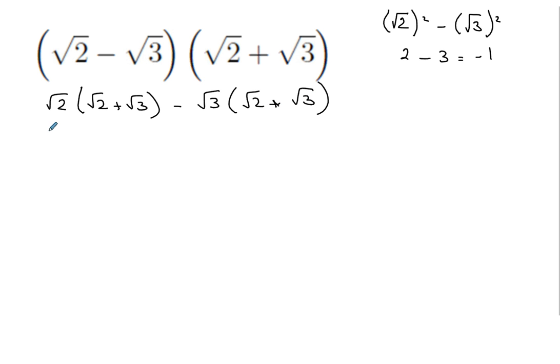Expand away, so we've got 2 there, and then surd 2 times surd 3 is surd 6, minus surd 3 times surd 2 is surd 6, and then minus surd 3 times surd 3 is 3. So again, can you see all that disappears? And you're just left with 2 minus 3 equals -1. And we were so good there.